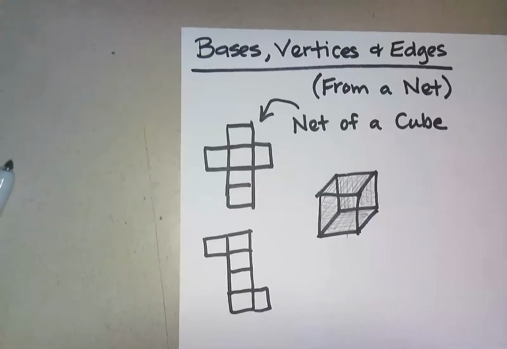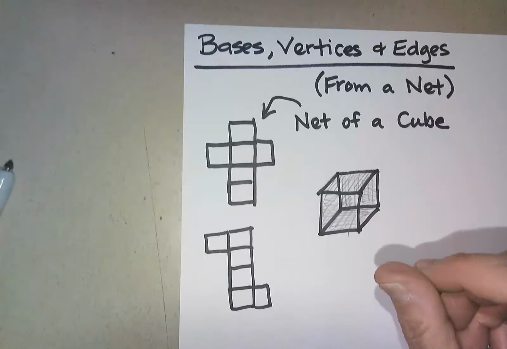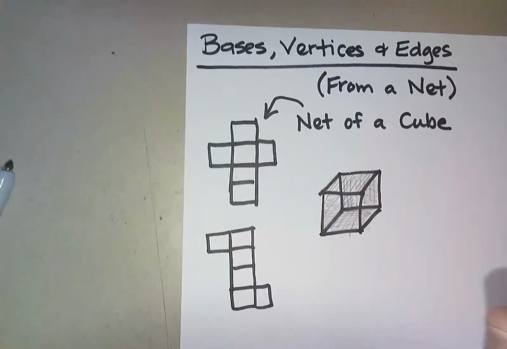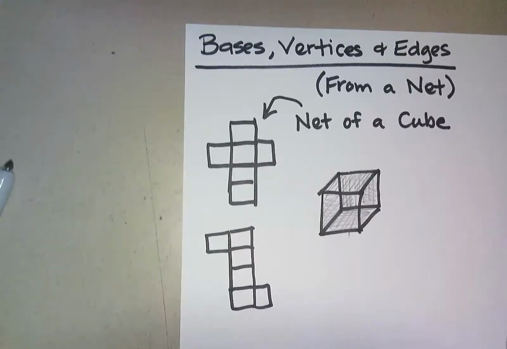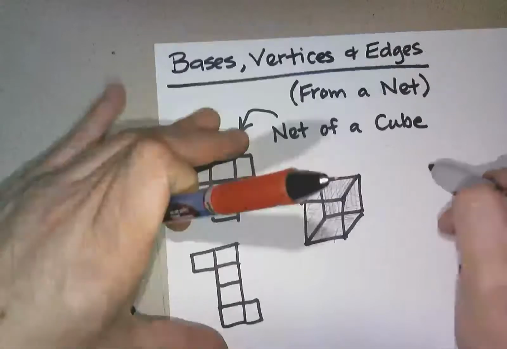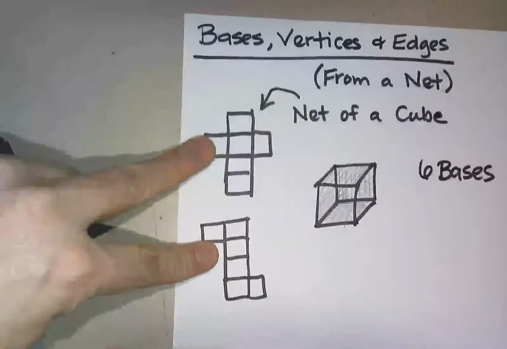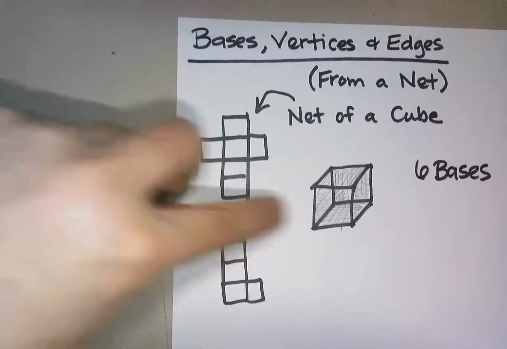Okay, sometimes when I look at these shapes, it turns on me. So don't be surprised if it does that for you. Just know that there are 6 sides. Think of a cube, you know, when you throw dice, there's 6 sides, 6 bases. So that's how I know that there are 6 bases.